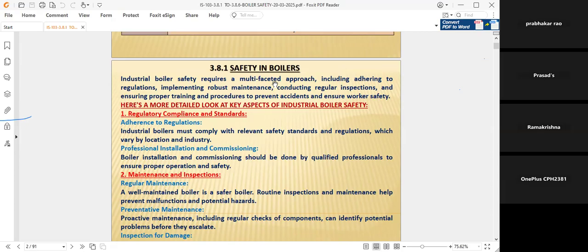We need to implement the regulations and boiler standards, which we will discuss in the coming slides. Implementing robust maintenance is essential, because of the steam drum as well as all the pressure parts, like the economizer, boiler parts, furnace parts, ESP parts, as well as chimney parts.